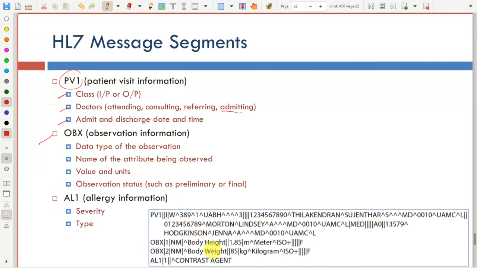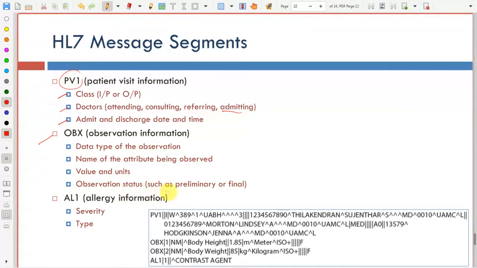For example, you have body height, and height might be in meters. So you define the data type as numerical, a decimal number, and it has a value and units, like meters, or if you're in the UK or US, it might be feet.